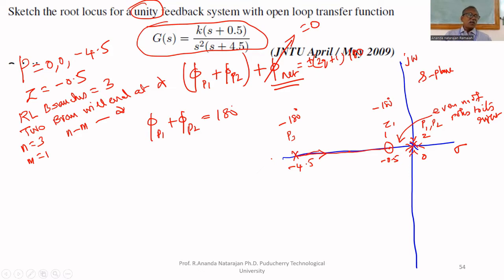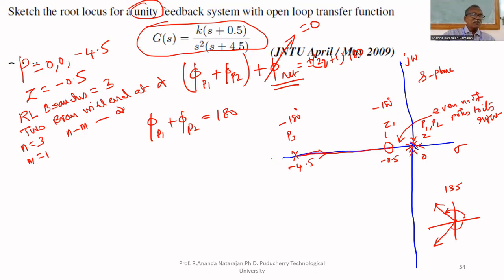But the first rule says that the root locus is symmetrical about the real axis. Let us assume this is the origin. If the root locus comes from the origin at this angle, say 135 degrees, then the other is at minus 135. If you add these two, you get 0.